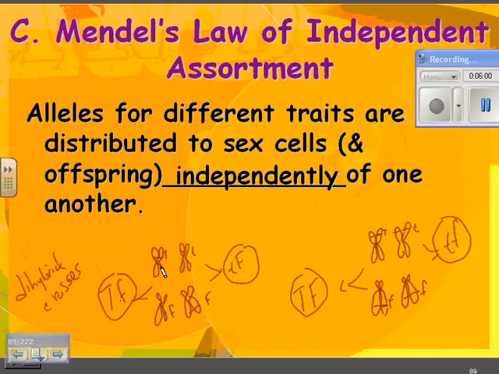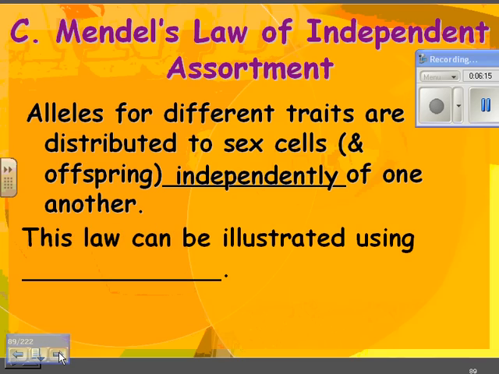So unless they're very close on a chromosome, alleles will all sort independently. And this is true because of that law of independent assortment that we did with metaphase when we looked at meiosis 1. So this law can be illustrated using something called a dihybrid cross, which we're going to do next.